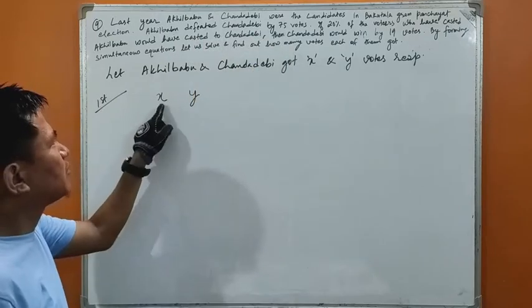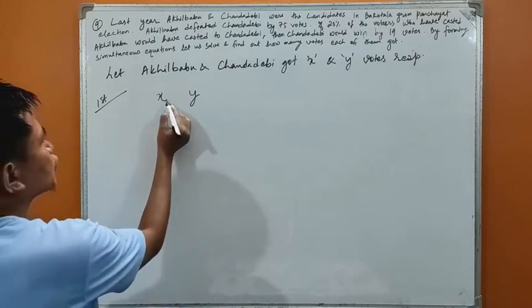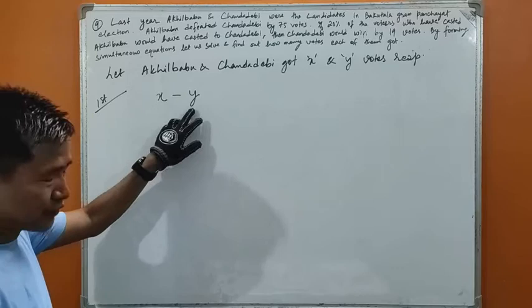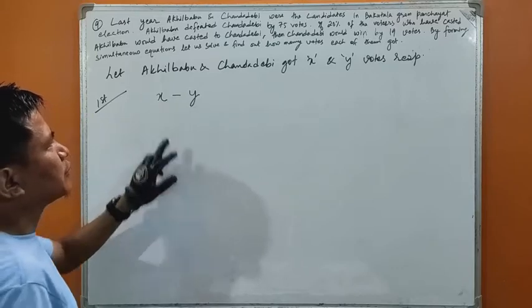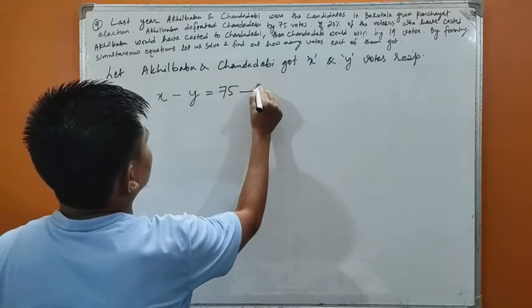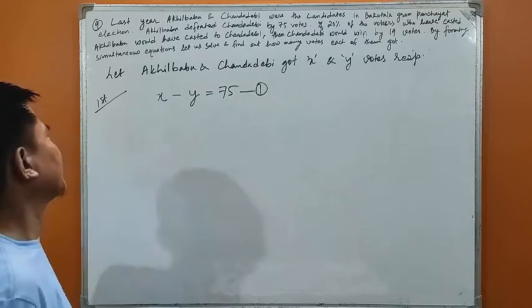That means if you subtract the number of votes of Chanda Devi from Akhil Babu, then you will get 75, isn't it? So X minus Y is 75.